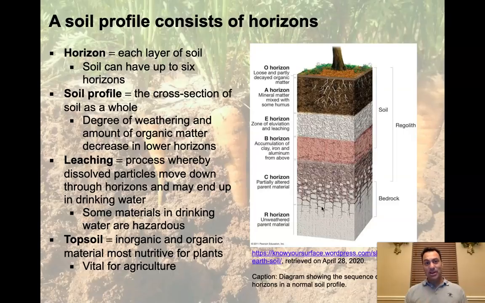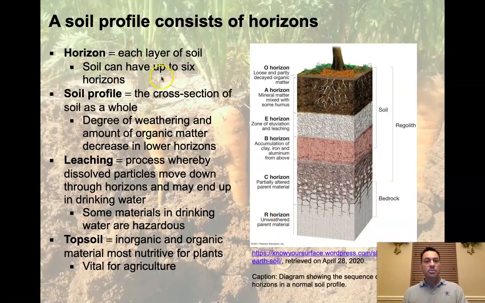In sedimentology, we talk about layers, but when we're talking about soils, we talk about things called horizons. So a horizon is each layer of soil. So here we have a layer, here we have a layer, here, here. And then this is actually the unweathered original parent material bedrock. We wouldn't call that a layer, but we frequently call it the R horizon, R standing for rock, okay?